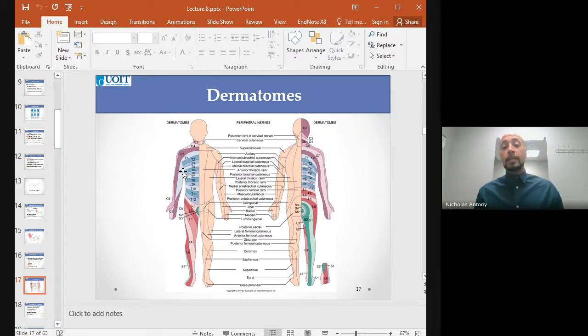This is distributed differently than looking at what areas one spinal nerve would innervate cutaneously. So do we all see that there's a difference between a dermatomal distribution versus a peripheral nerve distribution?